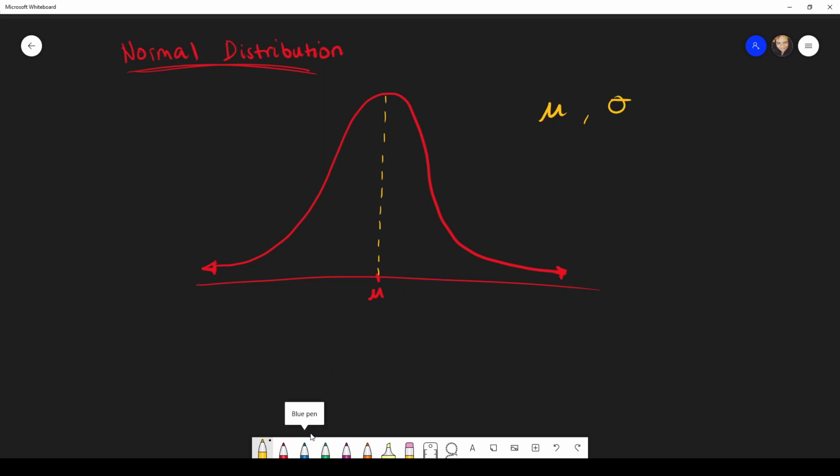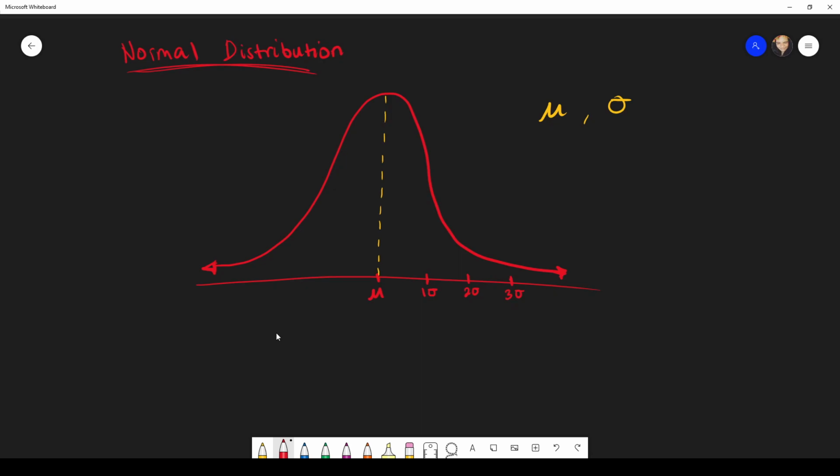So x values or data sets that are greater than the mean would be on the right side of our normal distribution. So if your x value is one standard deviation above the mean, then that would be somewhere around here, right? Two standard deviations would be around here, and three standard deviations would be around here.